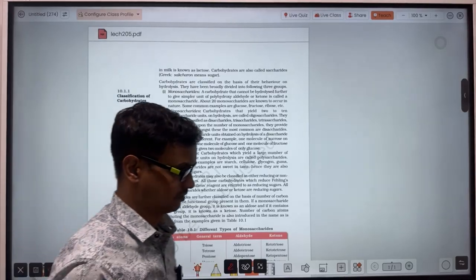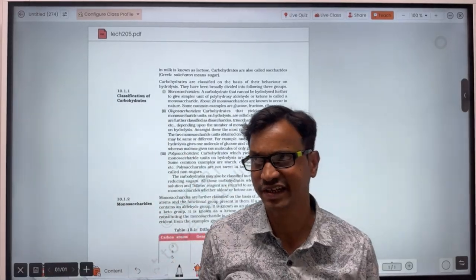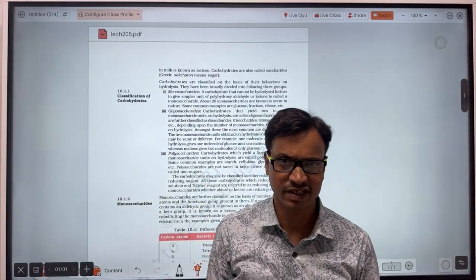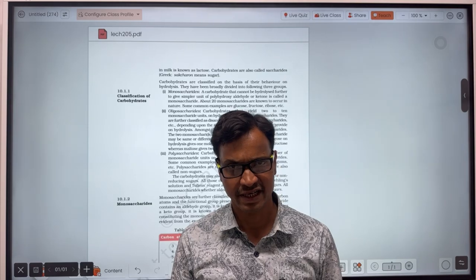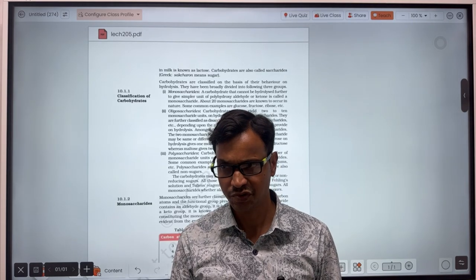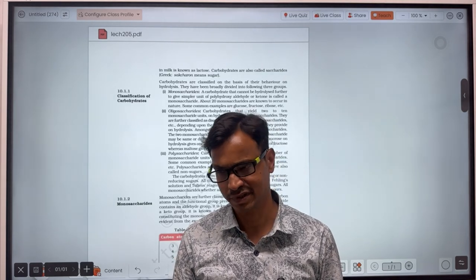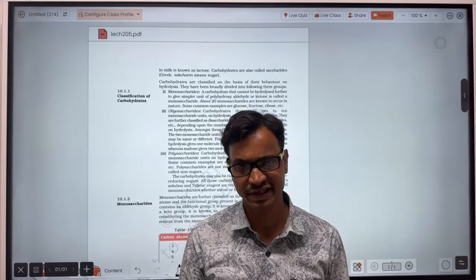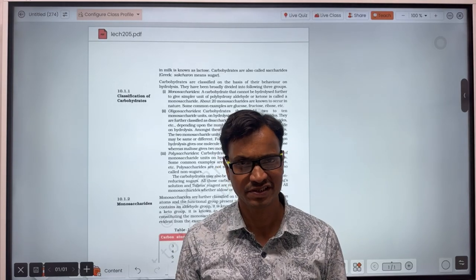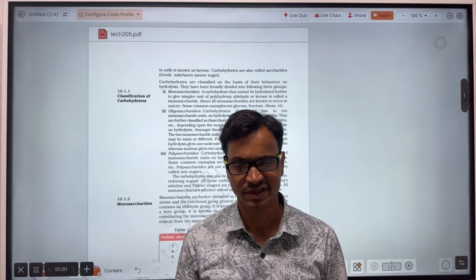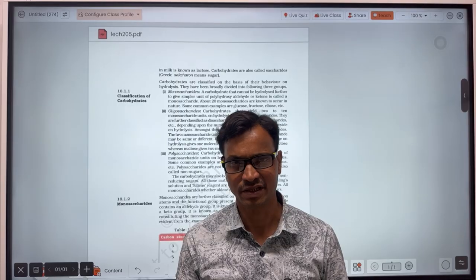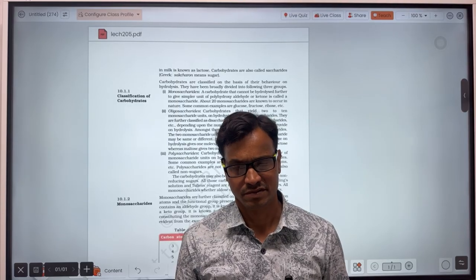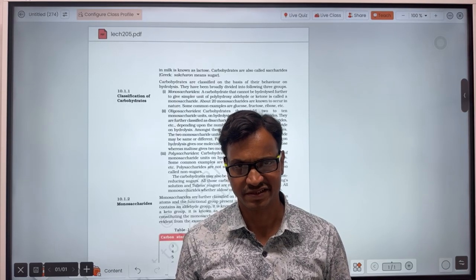The monosaccharides are further classified into aldose and ketose. Monosaccharides have two bases, that is aldose and ketose, and the third one is on the basis of number of carbon atoms. Both aldose and ketose are classified into triose, tetrose, pentose, like that.